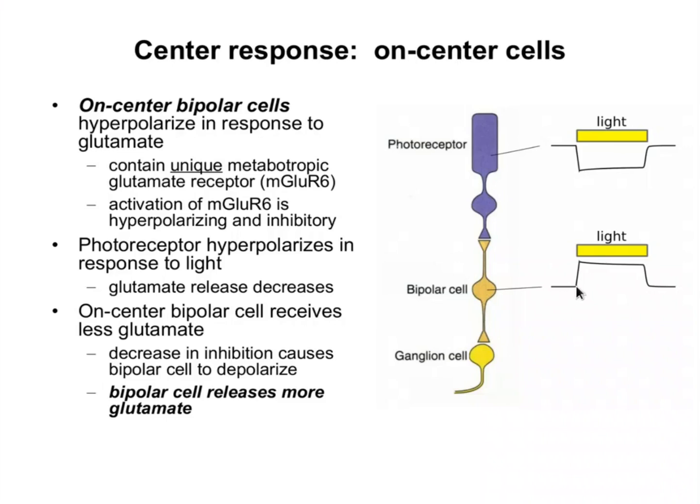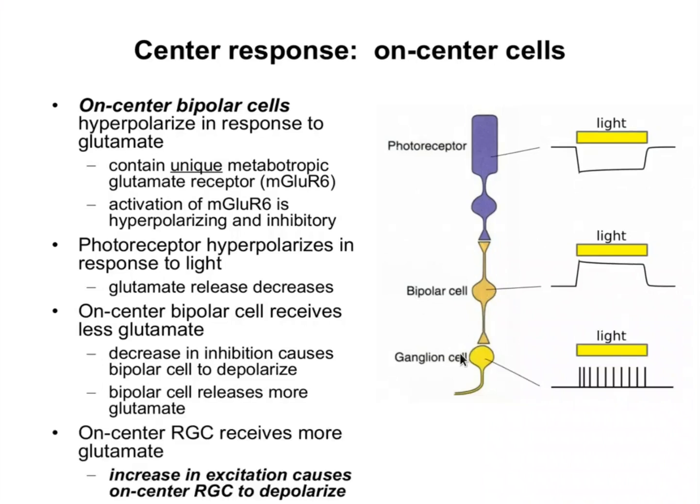And because it's released from inhibition, it's able to depolarize in response to light stimulation of its presynaptic photoreceptor. So if the on-center bipolar cell depolarizes when its presynaptic photoreceptor is stimulated with light, it's going to increase glutamate release onto its postsynaptic on-center retinal ganglion cell.